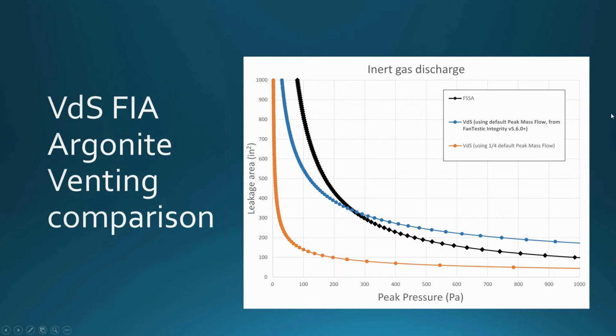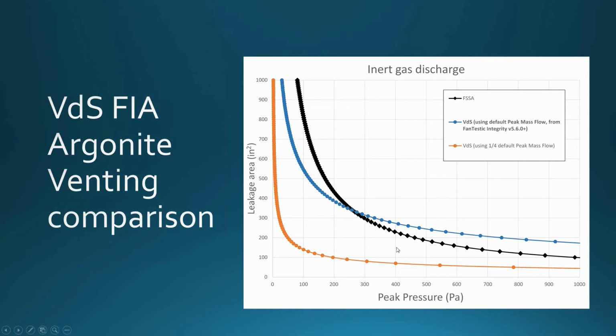So this is another way of looking at peak pressure. The black line is what we call the FSSA data. This is the experimental data, the experimental line, which, as I said before, is about a minus 0.9 function.